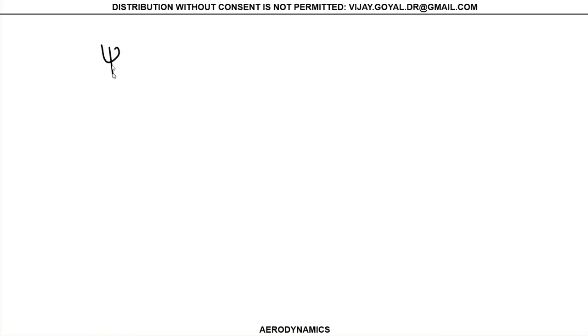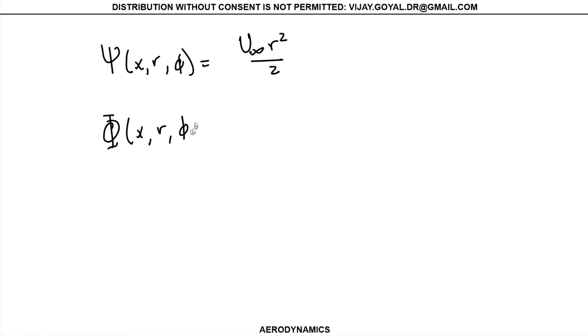So now I have found what my psi is. In this particular problem, my psi is going to be a function of x, r, and phi in the most general sense, and in this problem you can see that it is strictly a function of r only. I also found the velocity potential in this problem, which happens to be strictly a function of x.